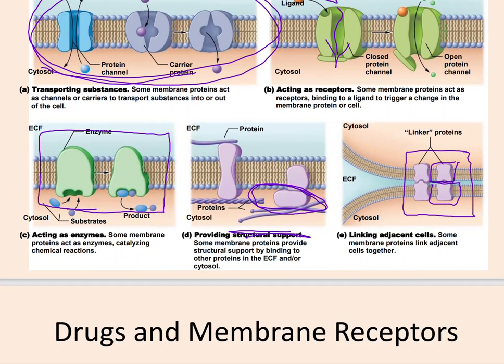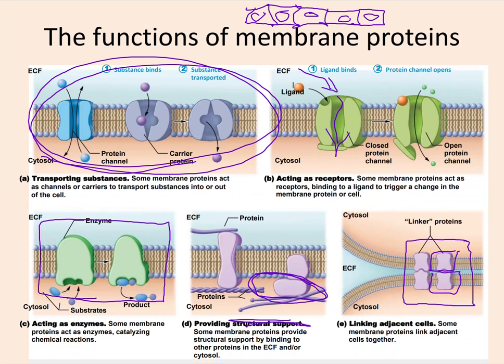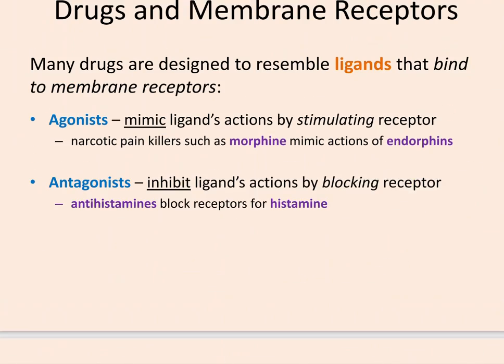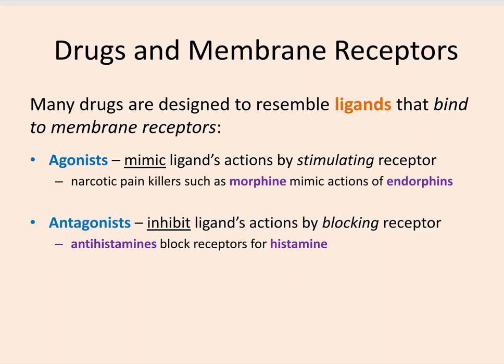Makes perfect sense, right? Oh, by the way, a lot of these guys that you see here that act as receptors, they're going to have a combination of transmembrane proteins with glycoproteins to help receive messages, or glycolipids.